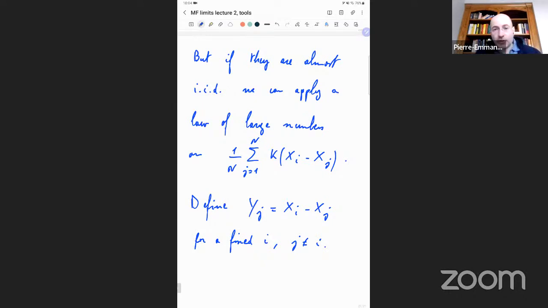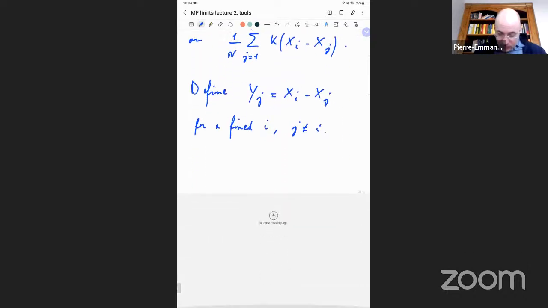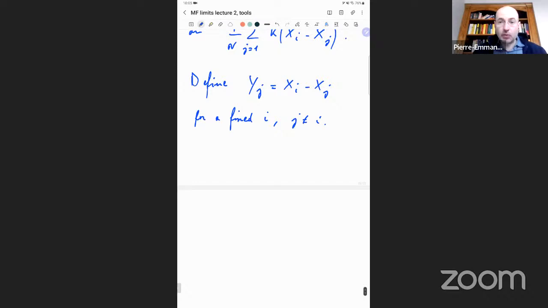So here I will load self-correlations, but the self-interaction, sorry, with k of 0, so it's just a rescale. Okay, then the yj, right, they are essentially independent, right? At least if I know xi, right?